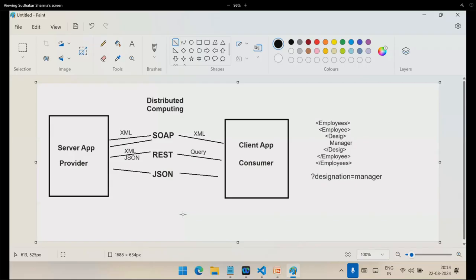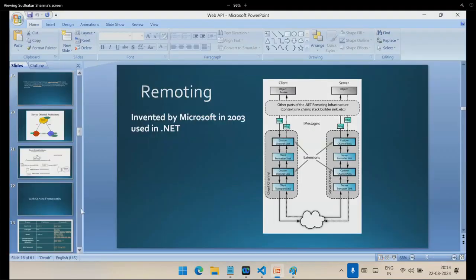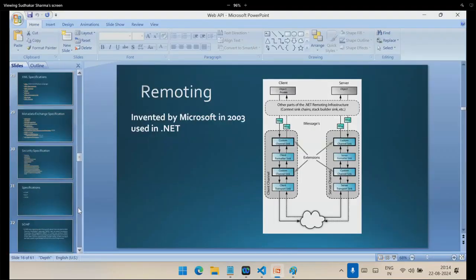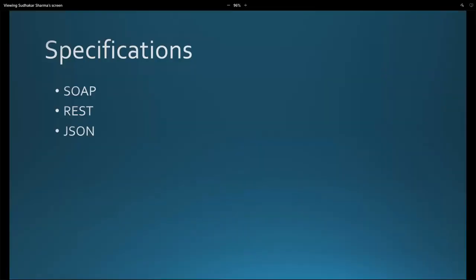SOAP is very outdated, so we are not using the SOAP concept much. We migrated from SOAP to REST, and more better than REST is now JSON. So there are three communication specifications: SOAP, REST, and JSON.